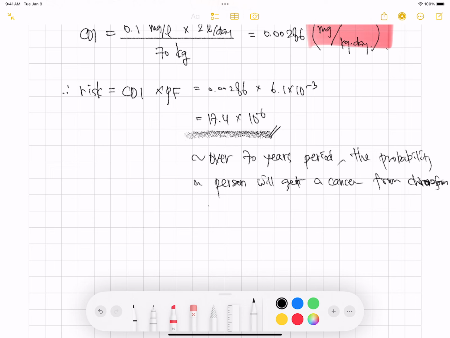And basically it is 17.4 out of a million. It is a possibility for one single person, but it can be translated into 17.4 victims out of a million.